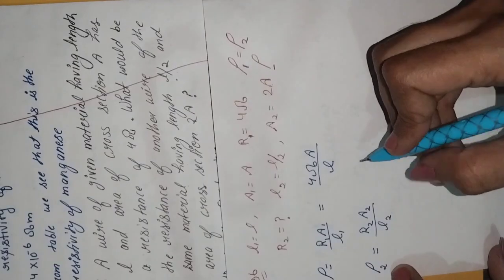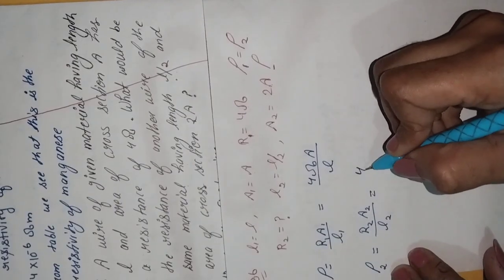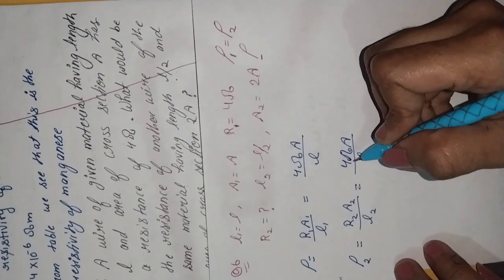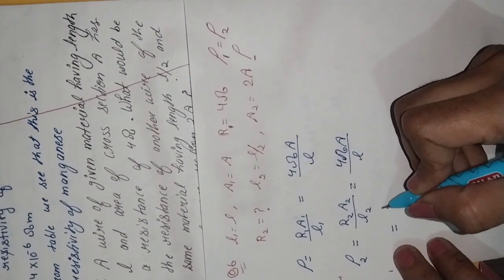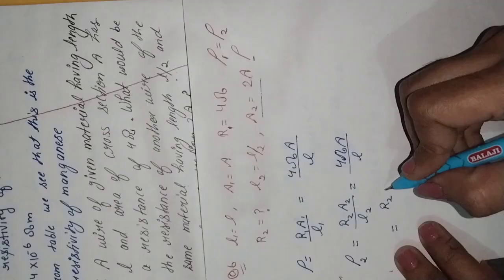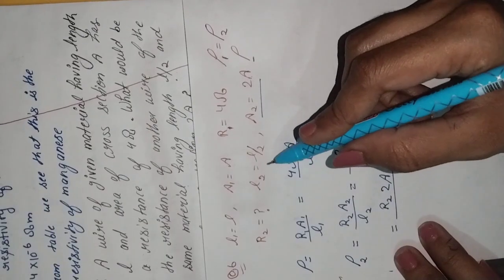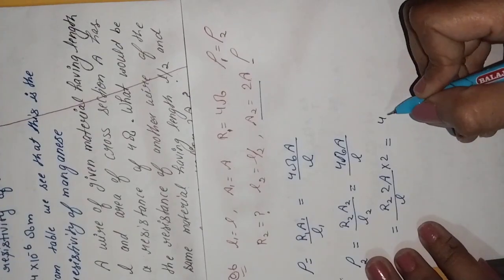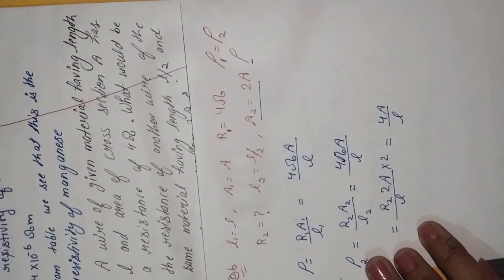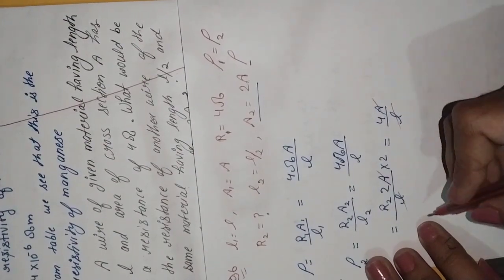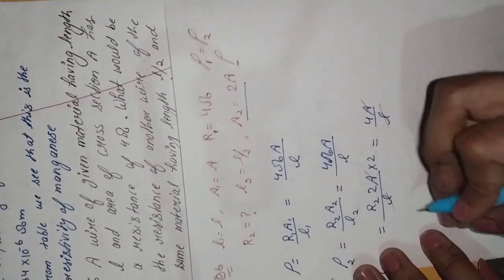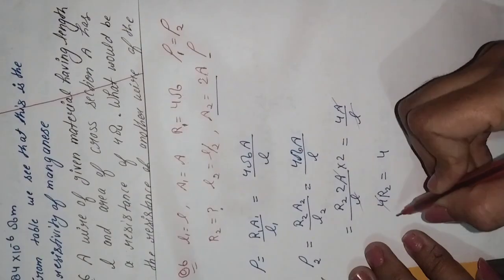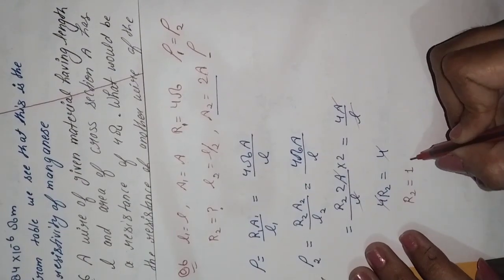Since rho 1 and rho 2 are same, so we can put it equal to 4 ohm A by L. R2, the value of A2 is given 2A divided by L2, which is given L by 2, so the 2 will go up, into 2 is equal to 4A by L. L cancels with L, A cancels with A, and what remains is 2 into 2 is 4, 4 R2 is equal to 4, so it will also cancel out, 4 cancels 4, R2 is equal to 1 ohm.